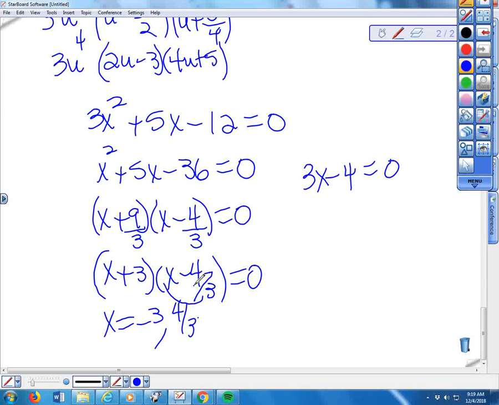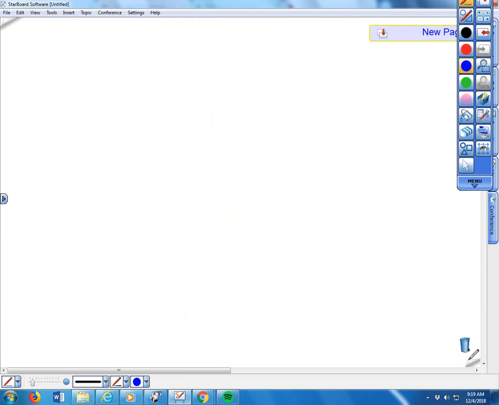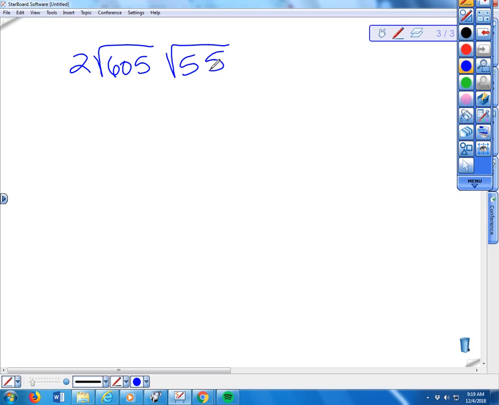simplifying. So I can break apart both of these. This is the way I do it. Find a calculator. I know 605 is divisible by 5. And that's 121.